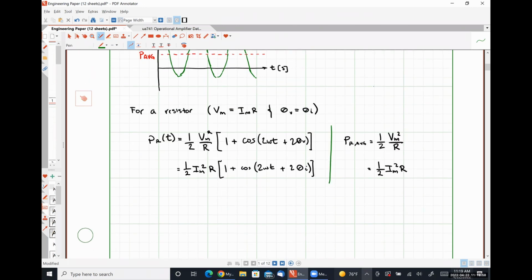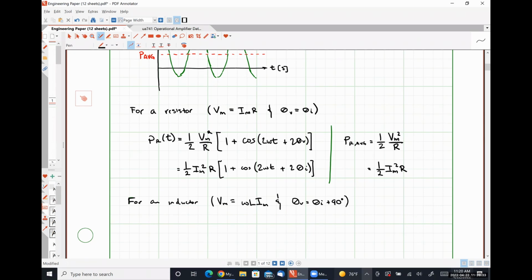So for an inductor, we know that Vm is equal to omega L times Im, and we know that theta V is equal to theta I plus 90 degrees.